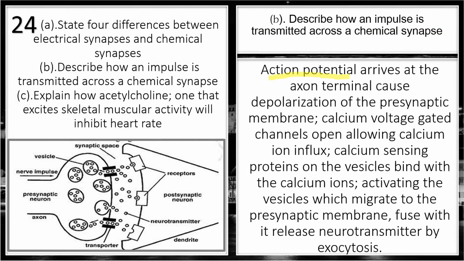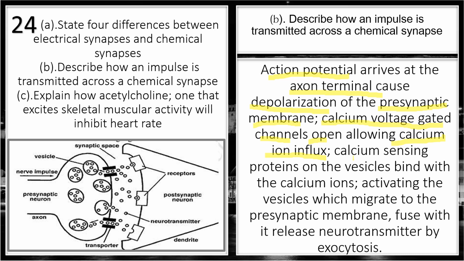The action potential arrives at the axon terminal, causes depolarization of the presynaptic membrane. The calcium voltage gated channels open, following the calcium ion influx.